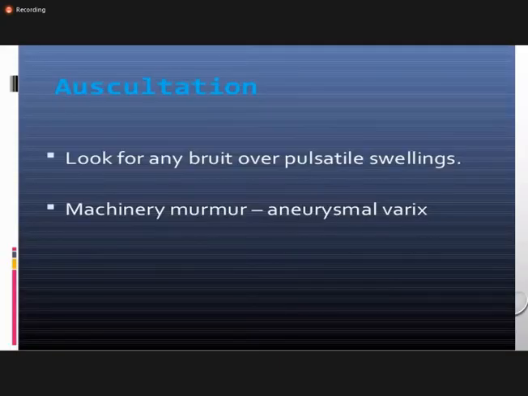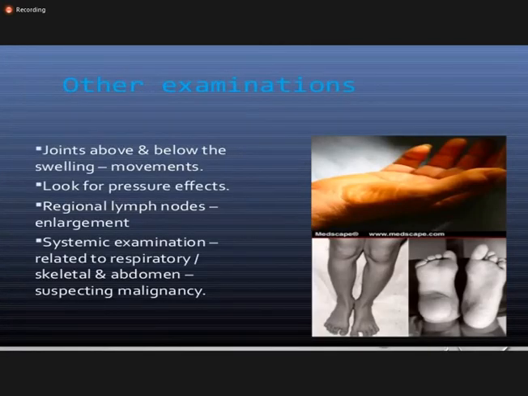After transillumination or palpation, we can check for auscultation. Auscultation is not for all swellings; it is for pulsatile swellings. In other examination, as I told you before, we will see the regional lymph nodes, the draining area of that swelling, and the joints above and below the swelling to check for movement and for pressure effects.